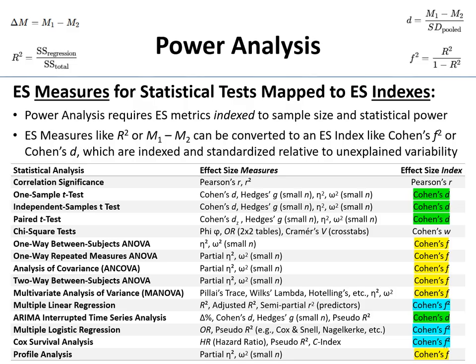And again, those measures, Cohen's f and Cohen's d, are indexed and standardized relative to their unexplained variability. So it's kind of like dividing by the standard deviation when you do a z-score. They have a common denominator, and therefore you can compare them across studies.